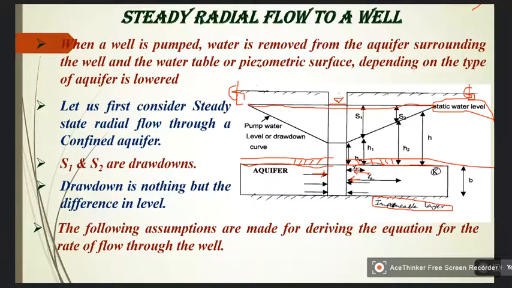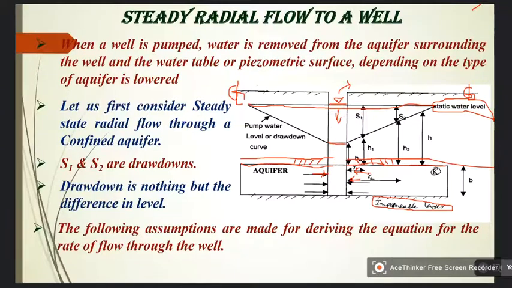Now when you start pumping, then the water level will go down because you are removing the water, so the water level will drop. And at any time, let us assume the level will be here.